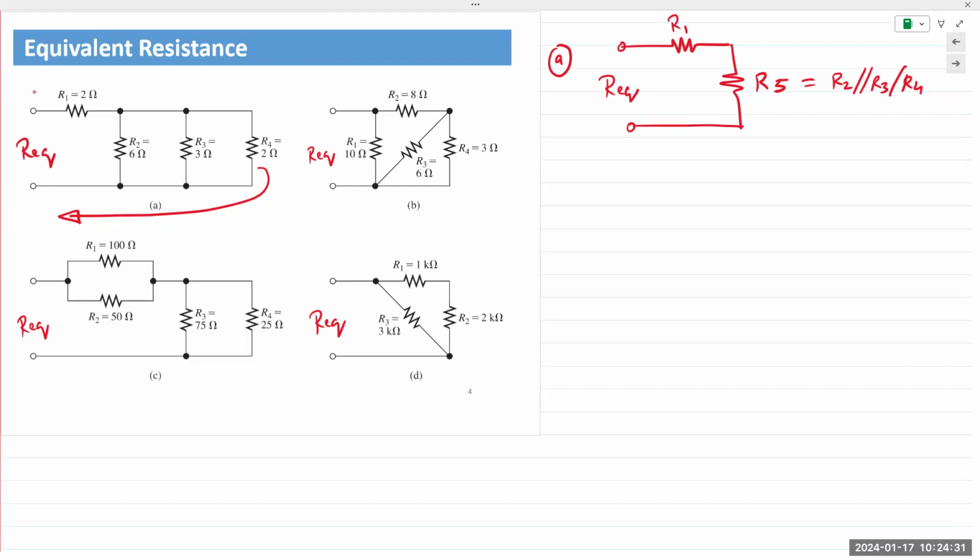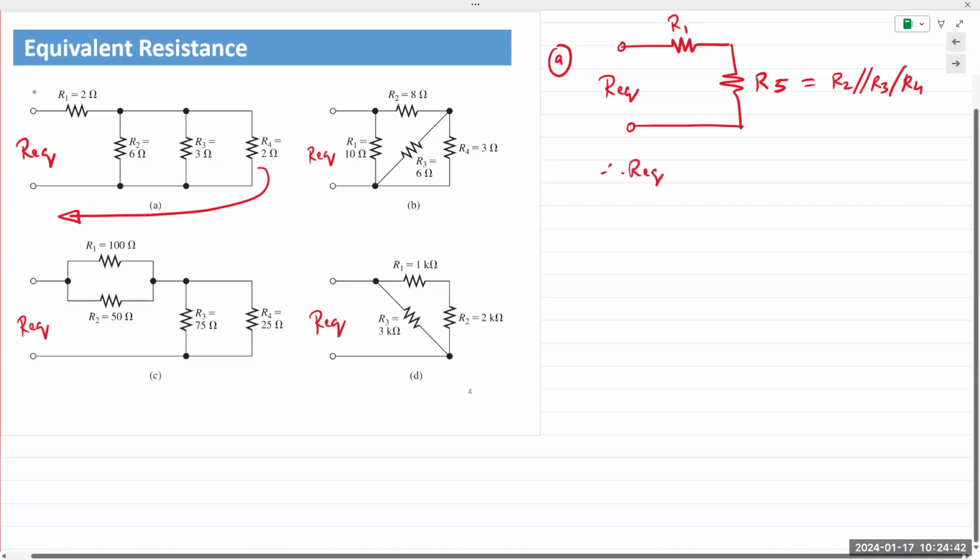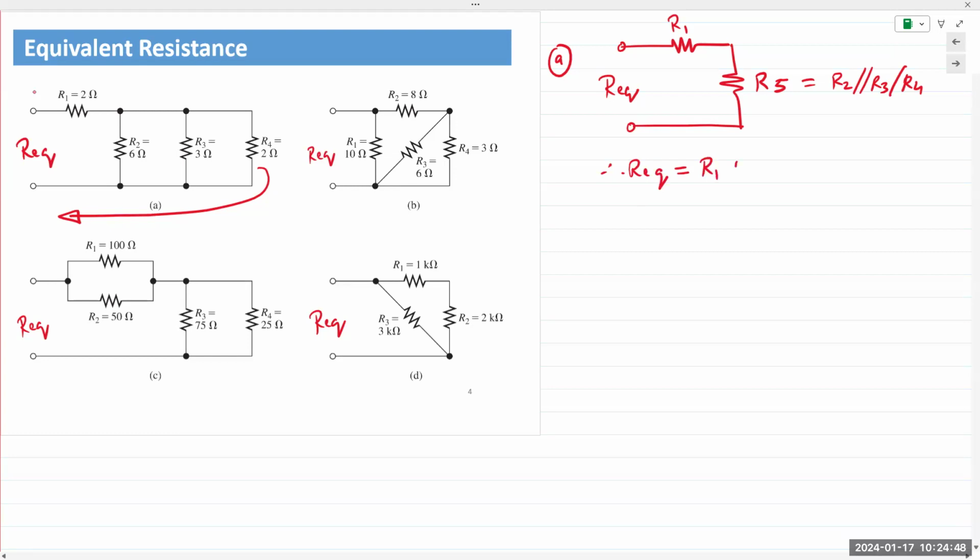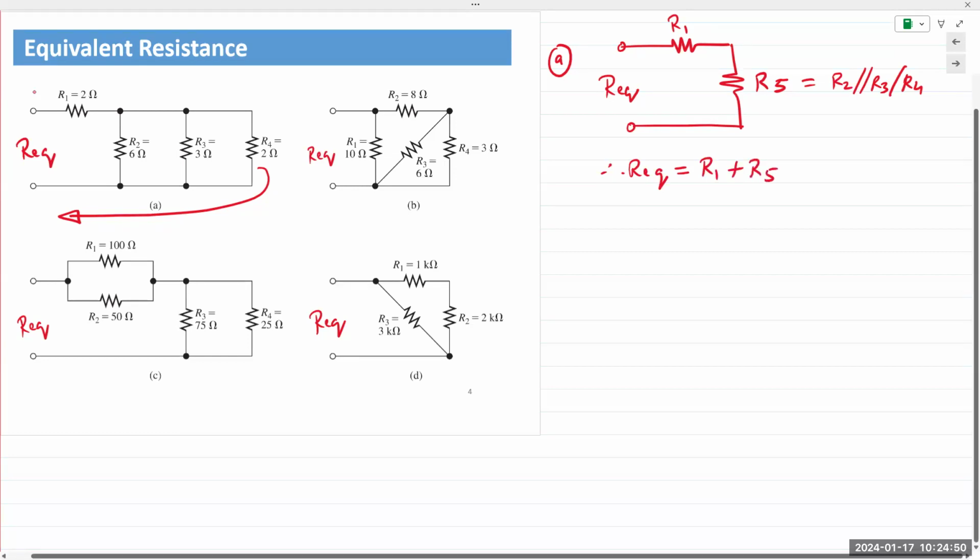Make sense? And then what can we say about R1 and R5? They're in series. So my REQ is R1 plus R5. And that's it.